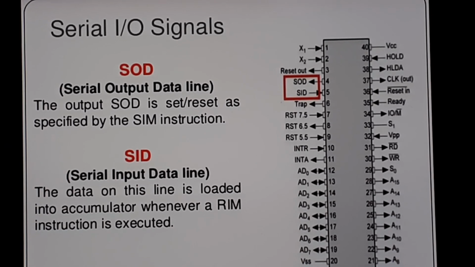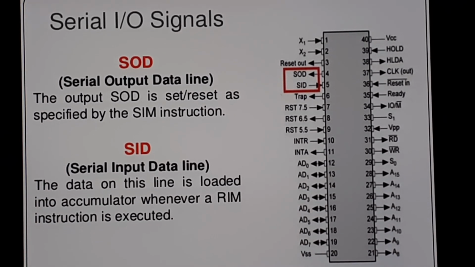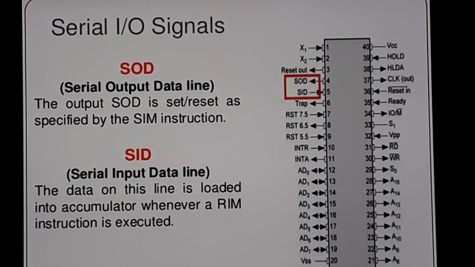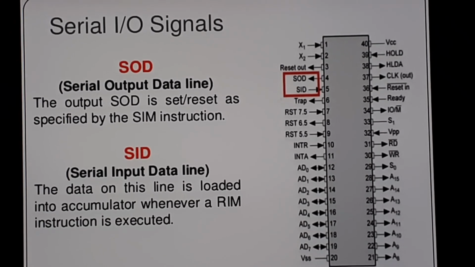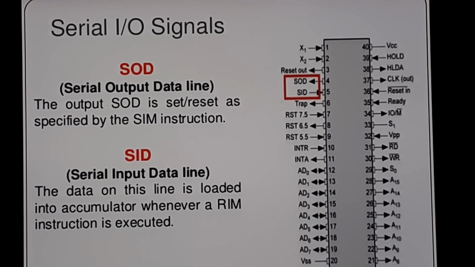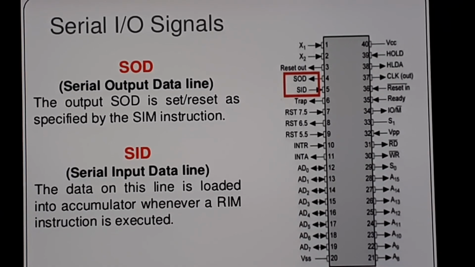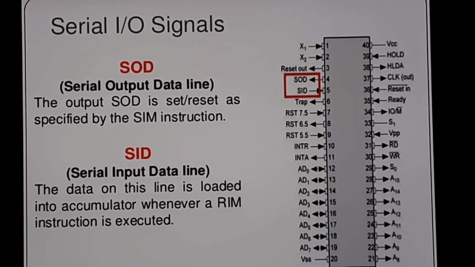Now the next pins from the pin diagram are SID and SOD, which are pin number 4 and pin number 5. SID stands for serial input data, SOD stands for serial output data. The explanation of these two pins is the same.